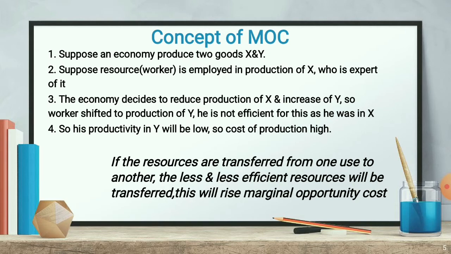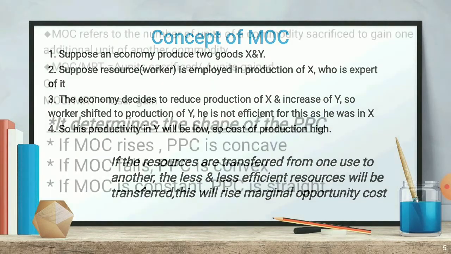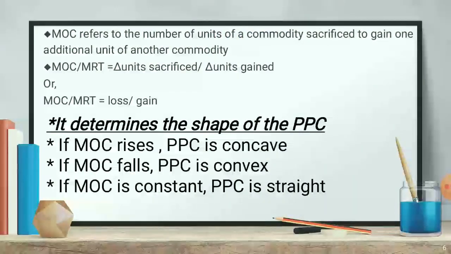If the resources are transferred from one use to another use, the less and less efficient resource will be transferred, and this will raise marginal opportunity cost. So what is called marginal opportunity cost? It refers to the number of units of a commodity that is sacrificed to gain one more additional unit of another commodity.